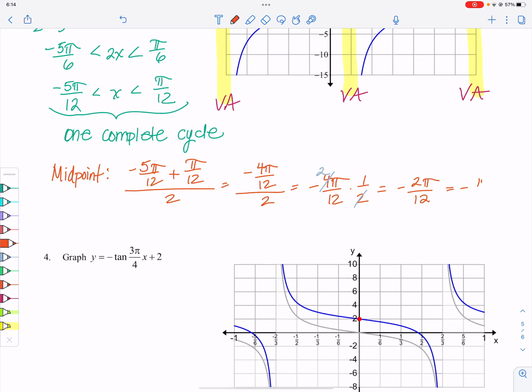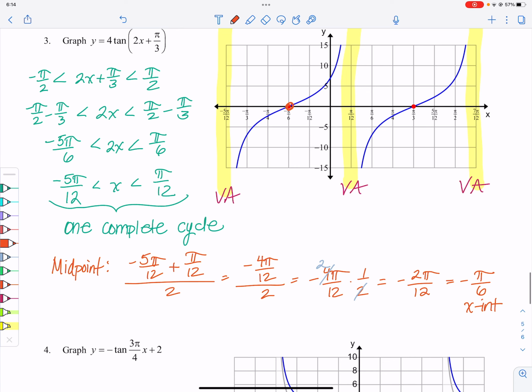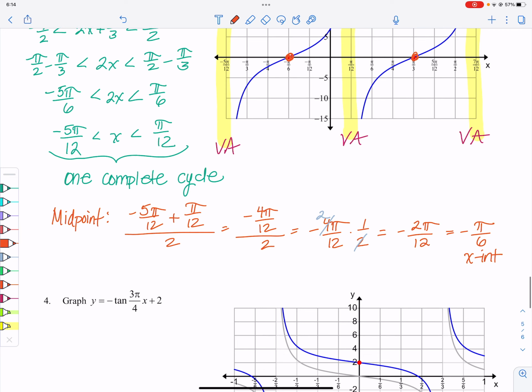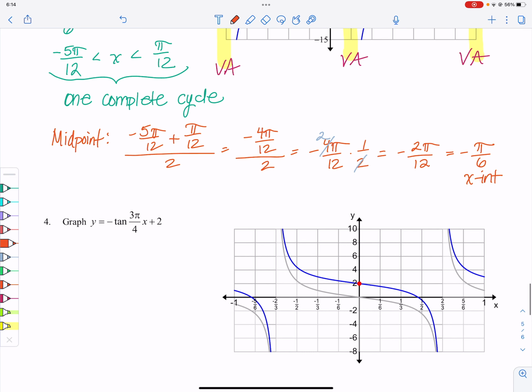And we would have a negative pi over 6. And these are our x-intercepts. Okay, negative pi over 6. And we get pi over 3. We could do that for each interval between the vertical asymptotes.